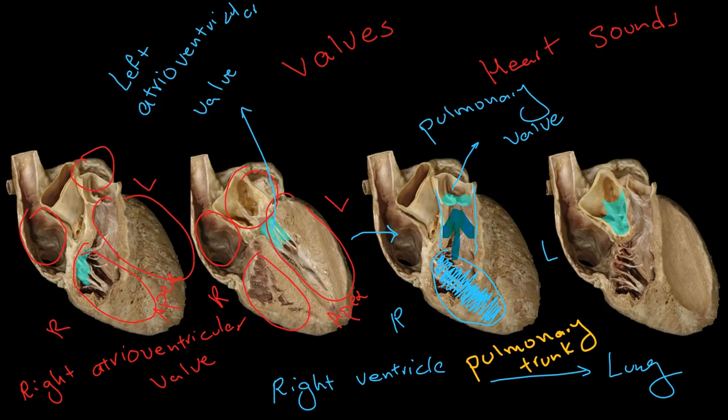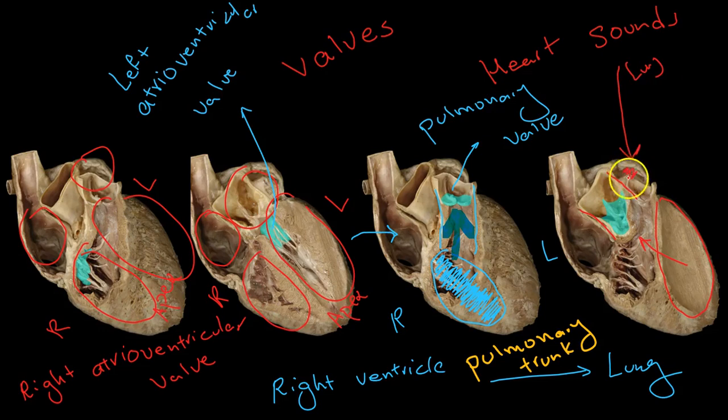Actually, this is the largest blood vessel in our body, and it's coming from the left ventricle. So again, we should know that this side is the left ventricle, as the left atrium is going to receive oxygenated blood from the lung.